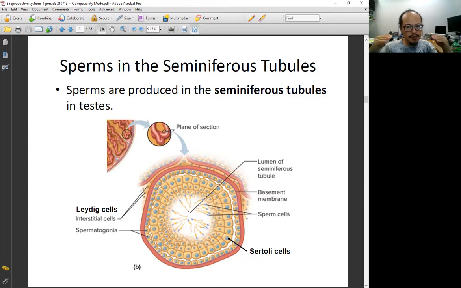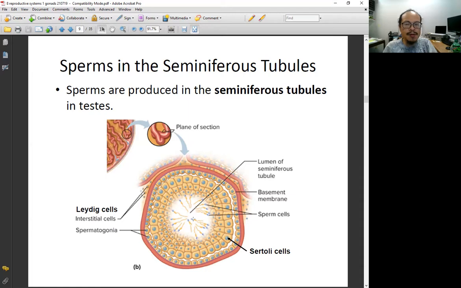While they move into the center of the tubule, these cells gradually mature, from the round-shaped primary spermatocytes to become the mature sperm cells. So that's sperm. In addition to the sperm cells, we also have two supporting cells.